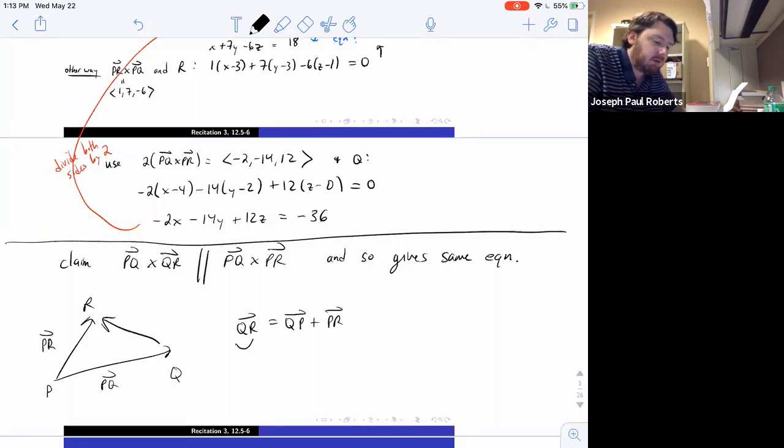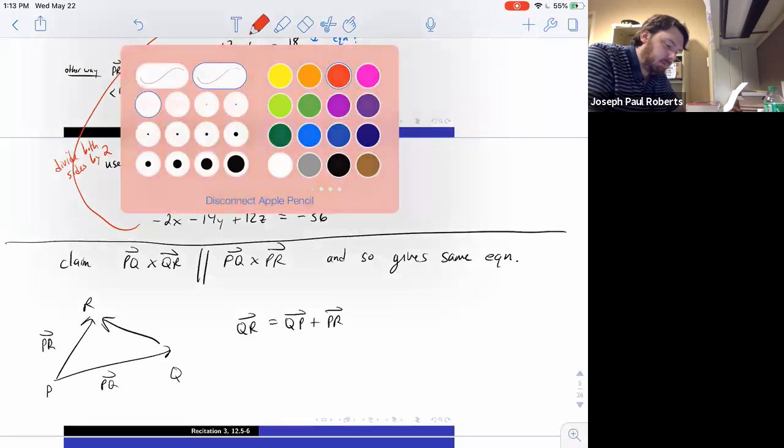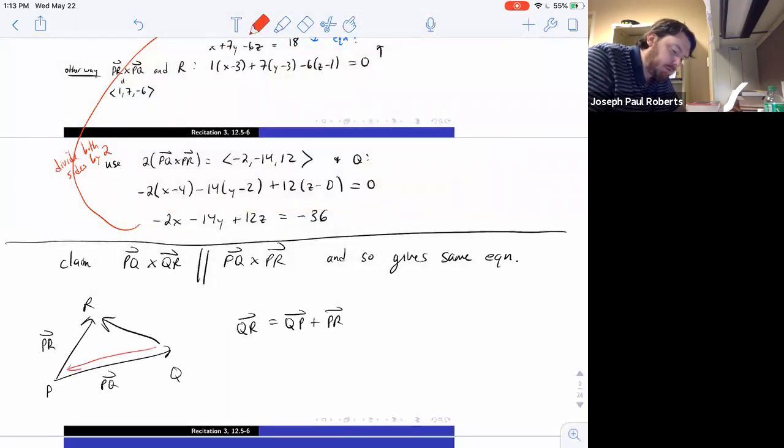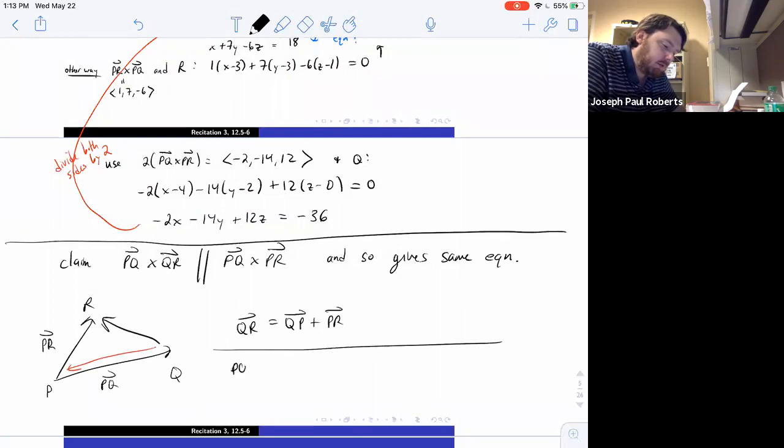Going from Q to R directly, you could stop off at P first. So QP, of course, is going to go this way. So QP plus PR is QR. Okay, so therefore I have that PQ cross QR is PQ cross QP plus PR.